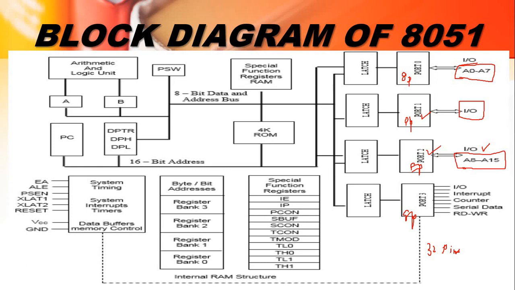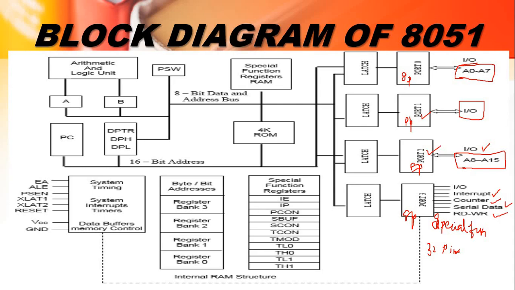And port 3 is a special function port. Why it is called a special function port is that apart from IO functions, it will also perform interrupt, counter, and serial data read and write operations. Suppose I want to use my laptop as a server, I cannot change that by using IO lines alone.